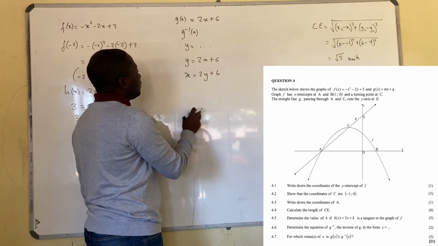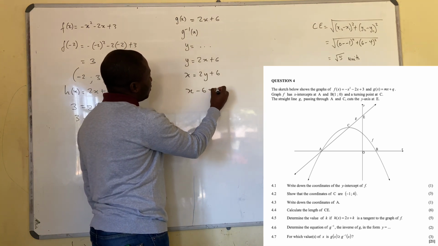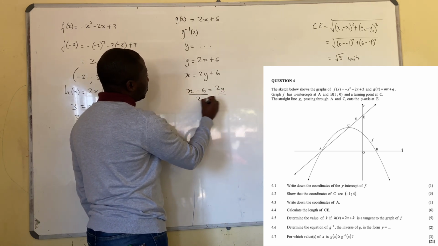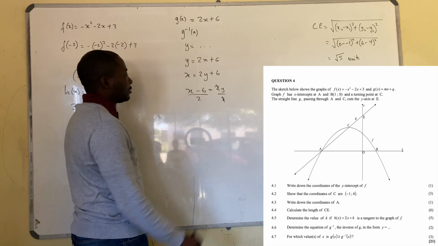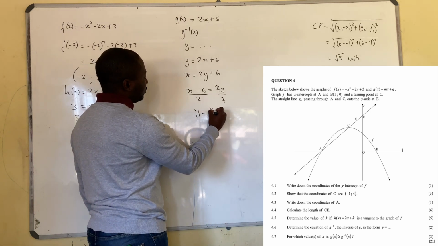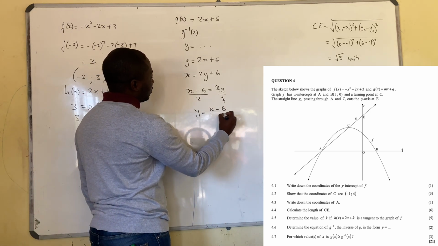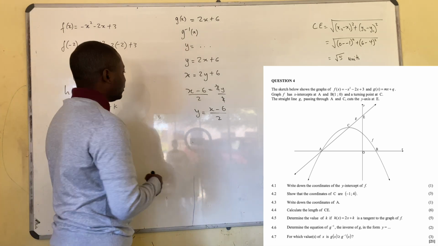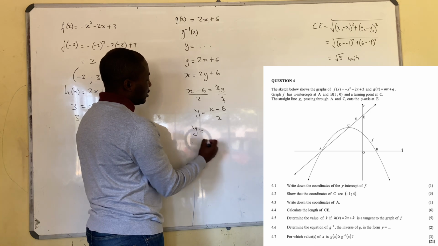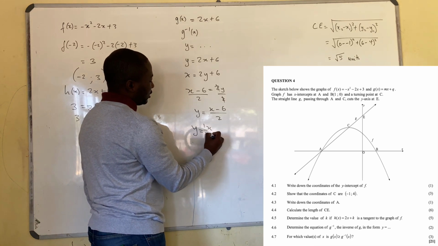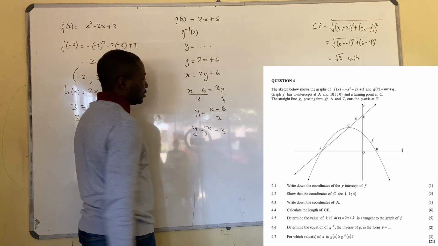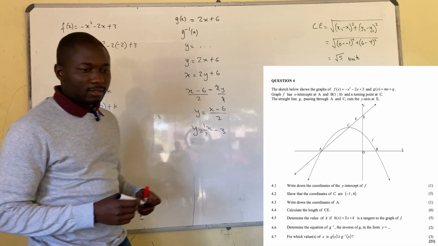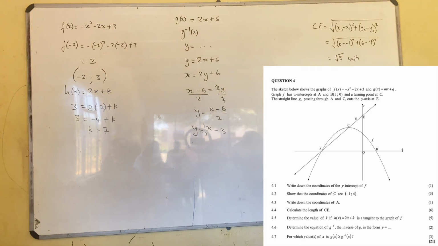Take 6 to the left hand side, so x minus 6 is equal to 2y, and then divide both sides by 2. 2 cancels there, so y is equal to x minus 6 over 2. You could leave it like that, or if you want to separate, some people would like to write it as half x minus 3. Either way, it's equivalent. So not a problem.